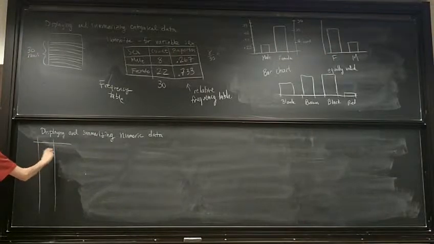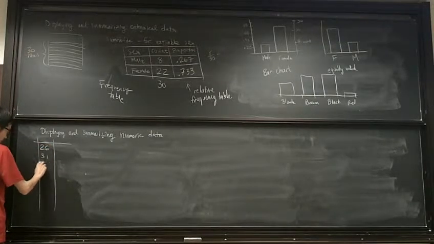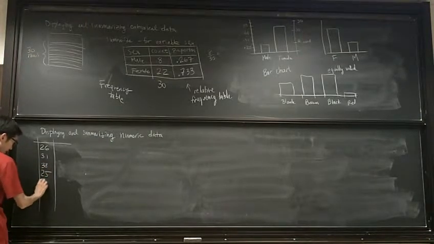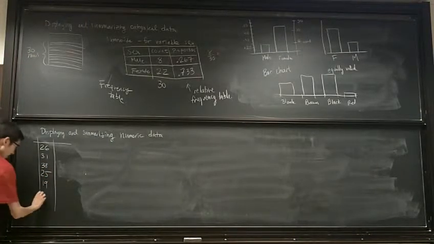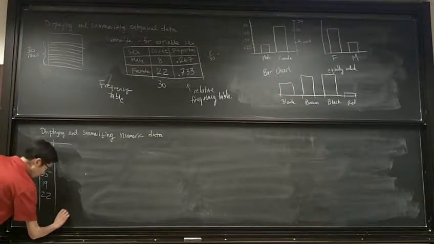Again, I've got 30 rows. 30 different numbers here, and maybe my numbers are like, I got 26 and 31 and 38 and 25 and 19 and 22 or whatever. Okay, I've got 30 different numbers here. Here I only have 6 numbers so far, but I would have a total of 30 numbers.